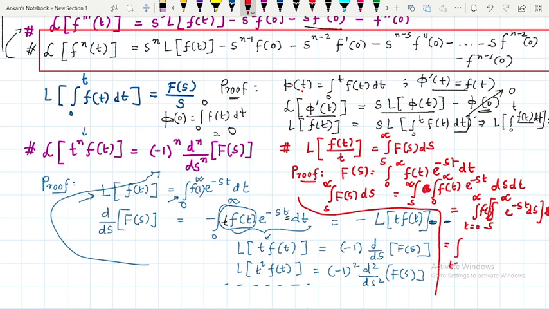So the integral over t from 0 to infinity of f(t), and this gives out e^(-st) divided by minus t.